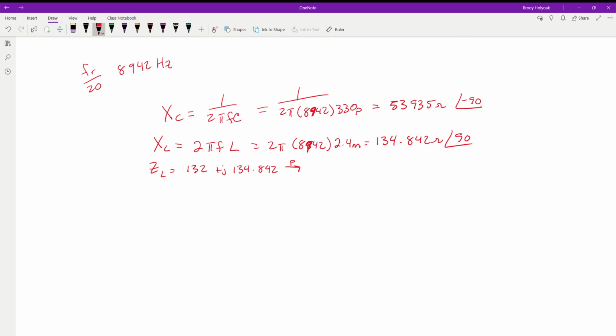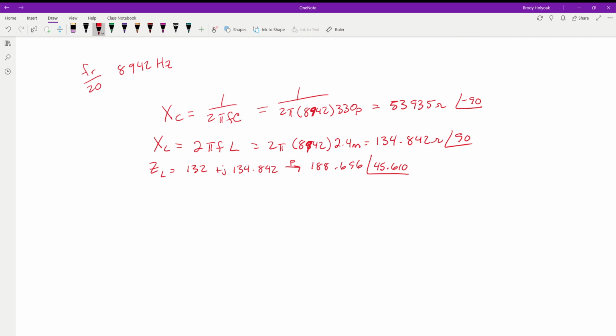Okay. So now when I plug that into my calculator, I get 188.696 ohms at an angle of 45.610 degrees. So you can kind of double check: 45 degrees is when our real and our reactance values are equal.